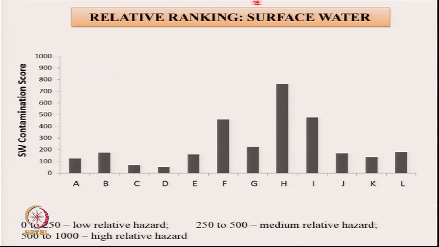If I look at surface water contamination, same dumps which had JKL had a high groundwater contamination potential, but here H has got high. Why? Because H is sitting next to a lake. It is on clay, it's not going to have a high groundwater impact. But the water will go off, clay will not allow the rainwater to come in, it's an open dump and it's sloping towards the lake, it will go into the lake.